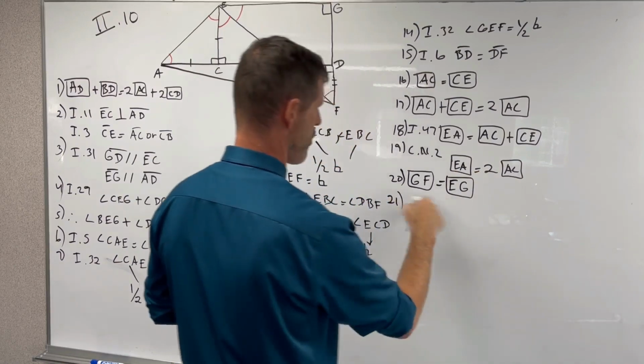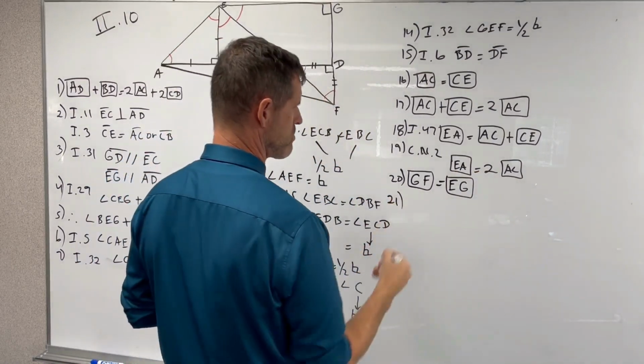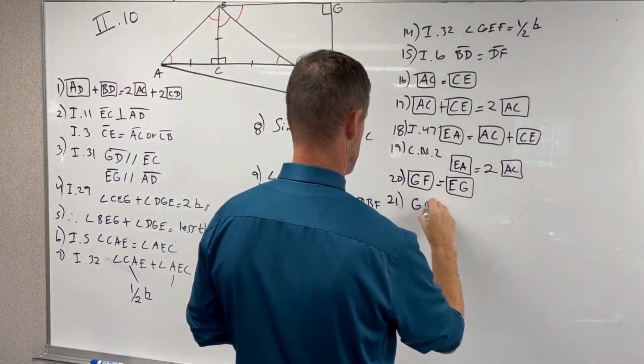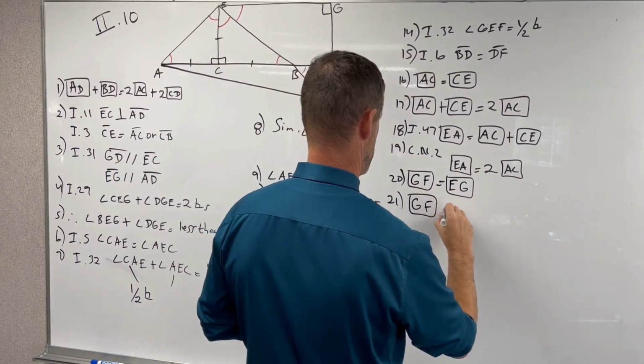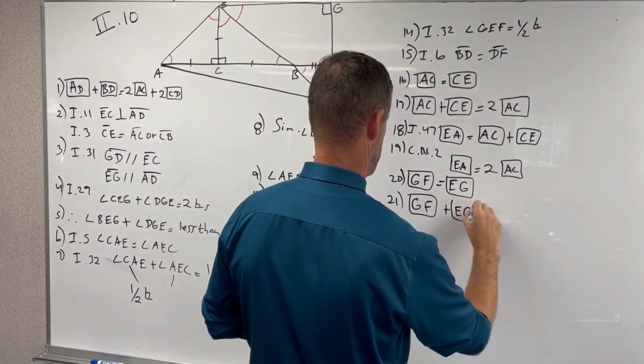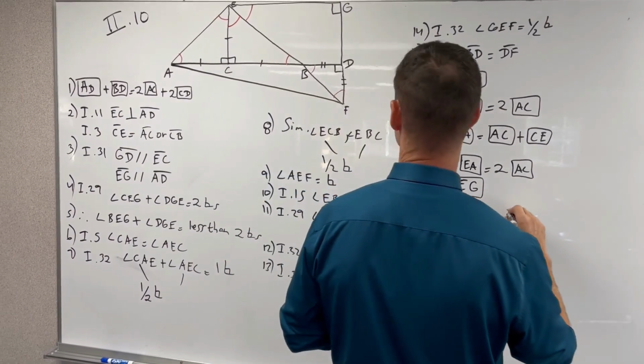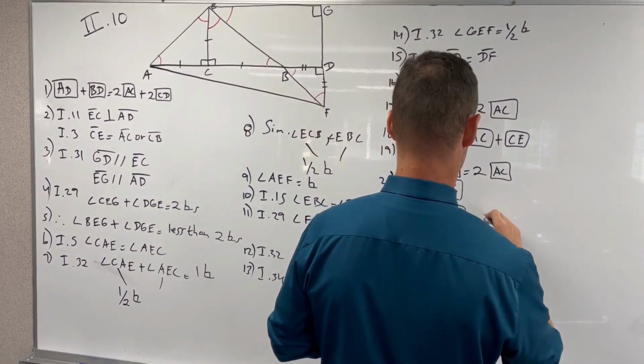And then if we take both of them together, they'll be twice one of them. Equals twice EG squared.